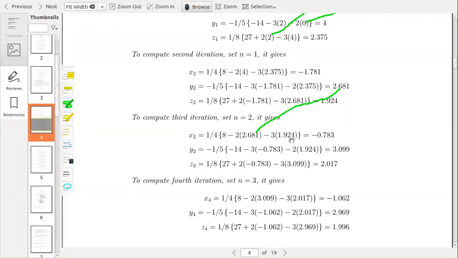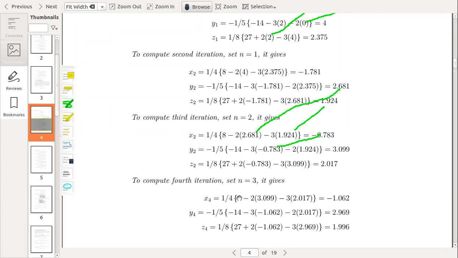And this z2 is this value. Then minus 14 minus 3. So this value is computed here, this one. We compute this iteration in a similar way as we computed this one.